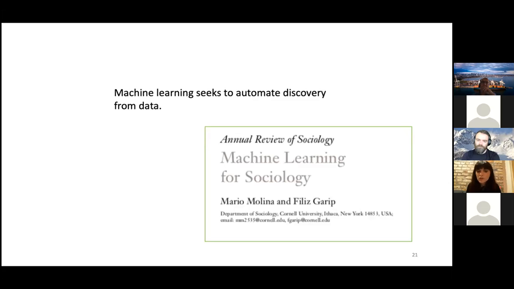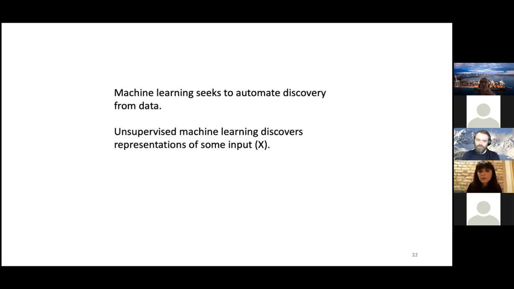And like Sasha mentioned, with Mario Molina, we wrote a review article on this targeted at sociologists. There we talked about different methods of machine learning, different classes. Unsupervised learning I've used in some of my earlier work to classify migrants into different groups. Here you're not trying to link the input to some output, but instead you're trying to identify patterns in some existing input.